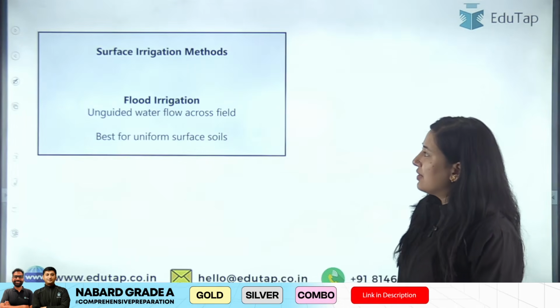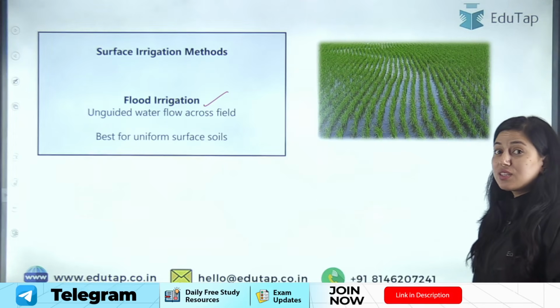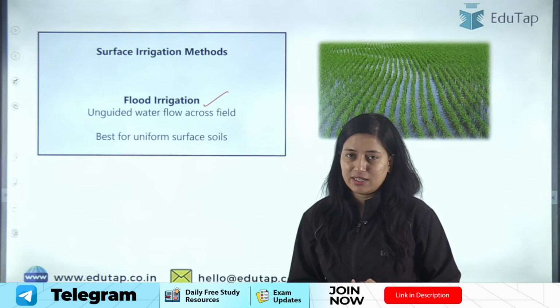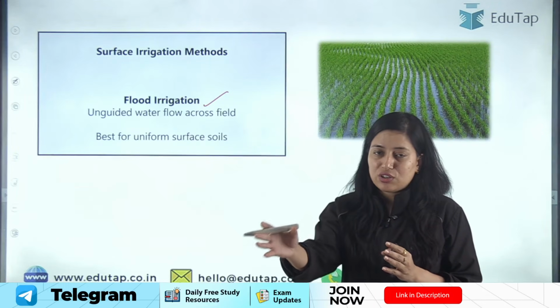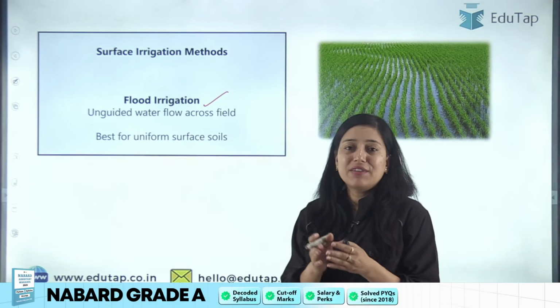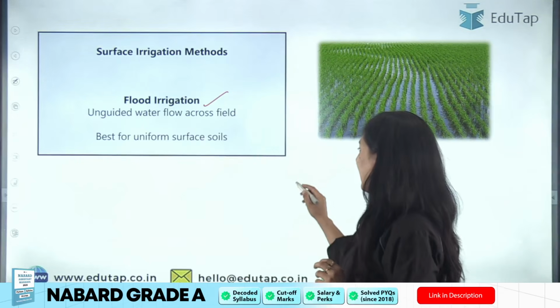So first we have flood surface irrigation system. Now as the name suggests, here we are basically flooding the field. We are not guiding water to move in a particular direction. We have just allowed water to flow freely into the entire land.